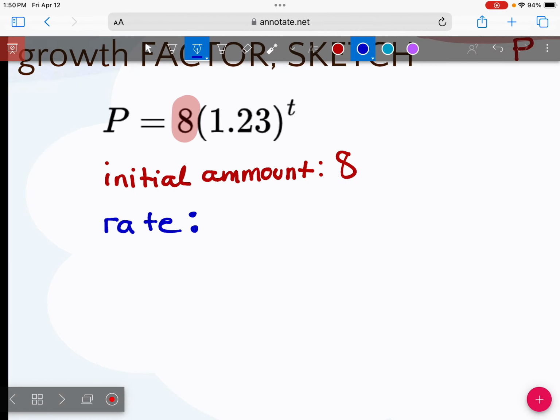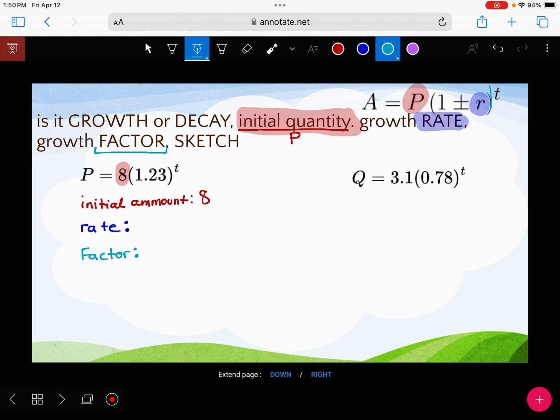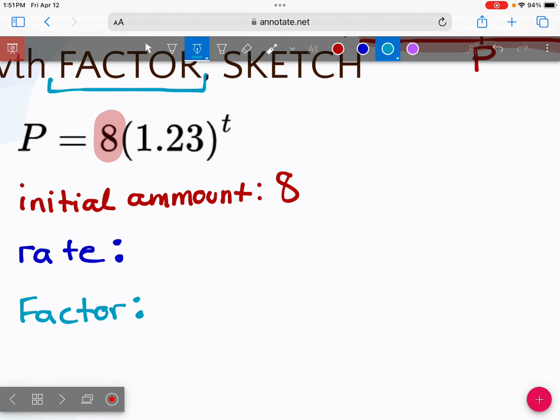And we're also going to talk about something called the growth factor. Our growth factor is going to be the whole piece that has the exponent. So our growth factor on this one is going to be the whole 1.23. So the whole piece that has the exponent is our growth factor.